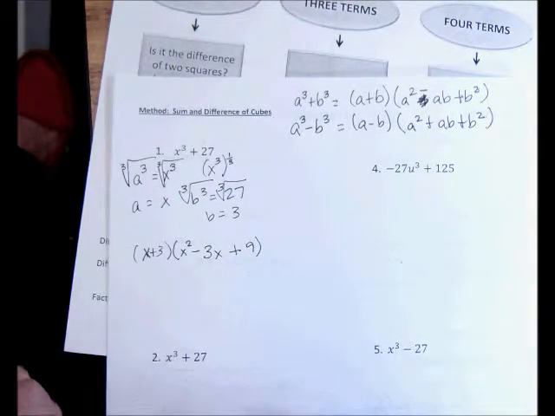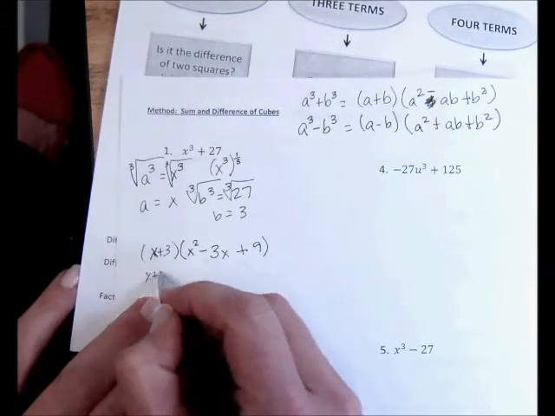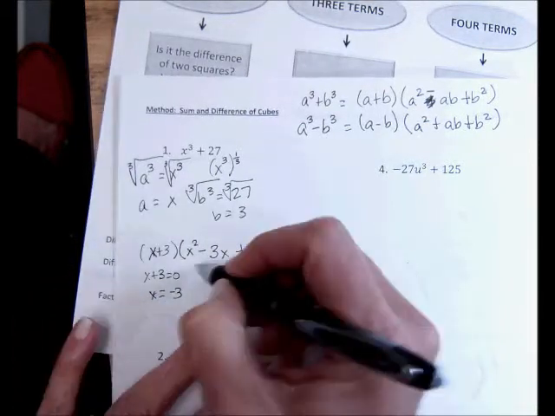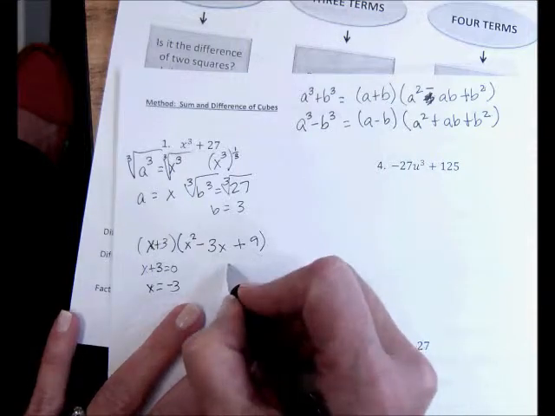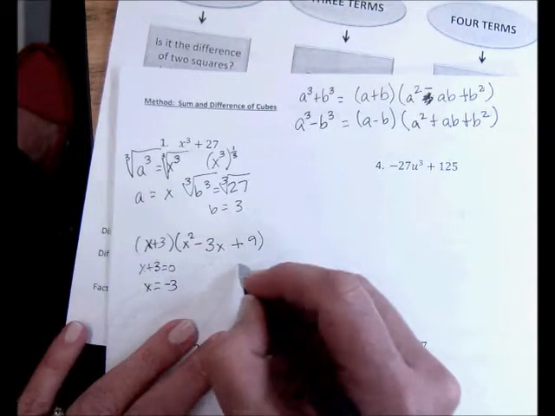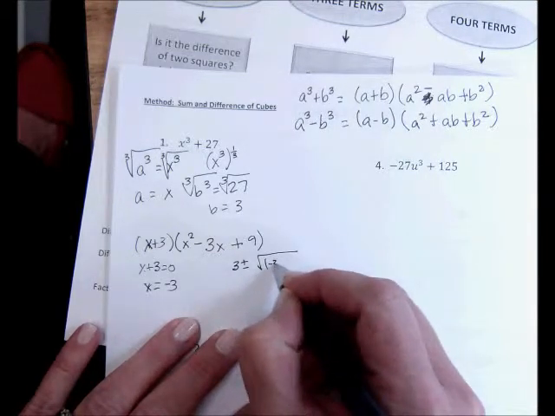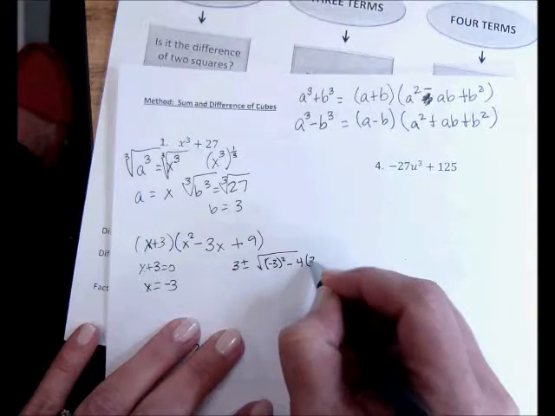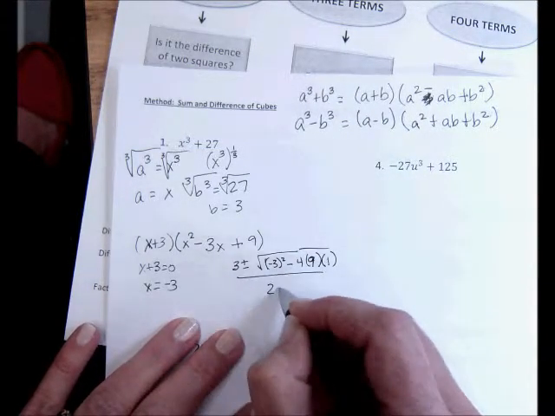So at this point, if I was going to find the roots of the equation, I could set this factor equal to 0 to solve for x is equal to -3, and then I could use the quadratic formula to solve for what x is equal to over here. So in this case, I would say the opposite of b is 3 plus or minus the square root of -3 squared minus 4 times 9 times 1, divided by 2a.